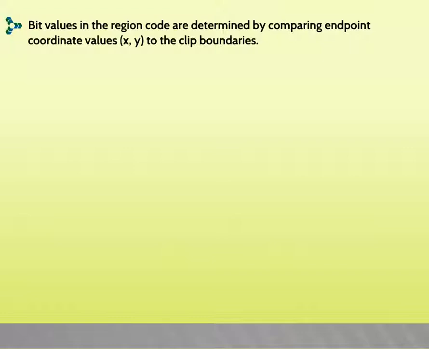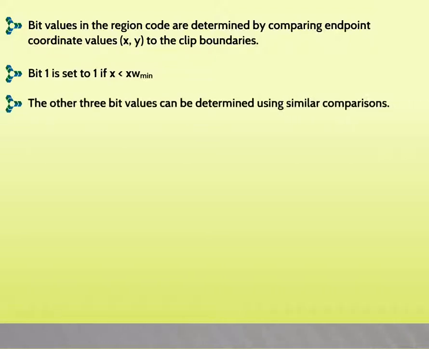Bit values in the region code are determined by comparing endpoint coordinate values, that is x, y, to the clip boundaries. Bit 1 is set to 1 if x is less than xw minimum. The other 3 bit values can be determined using similar comparisons.